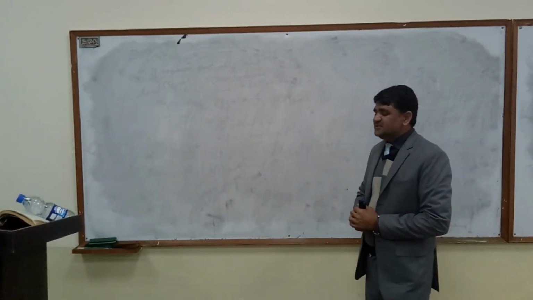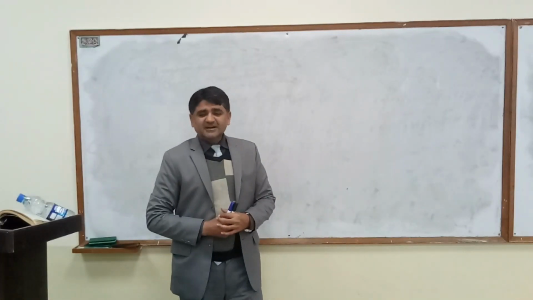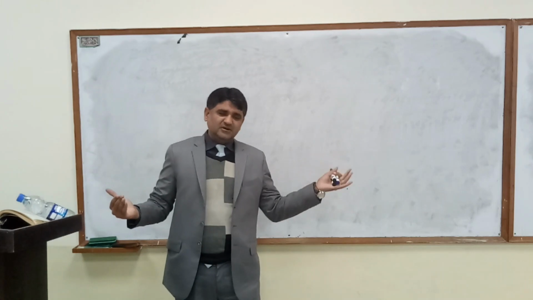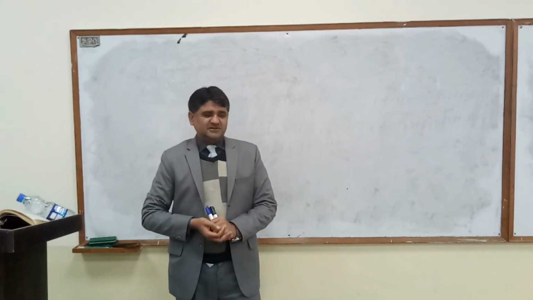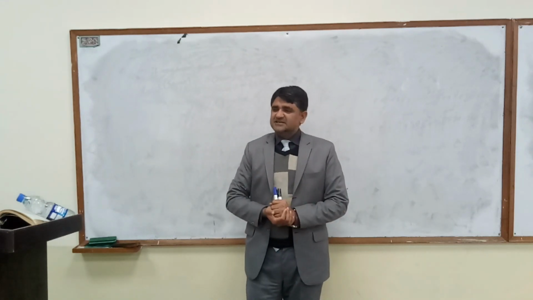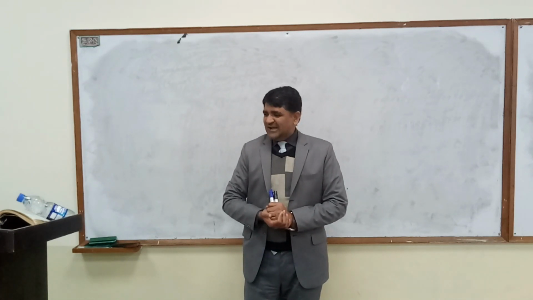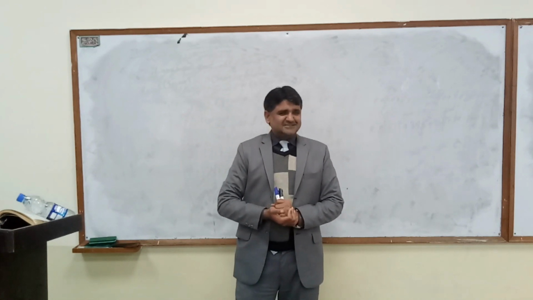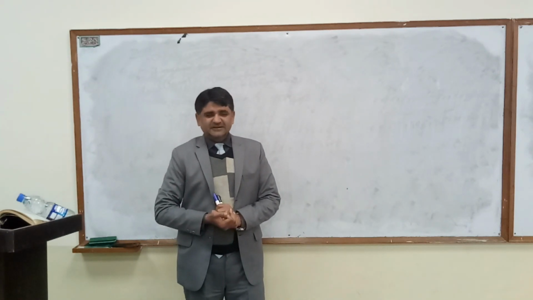And in a function, there could be a positive relationship or negative relationship between independent and dependent variable, or input and output variables. If there is positive or direct relationship, then we can simply say that due to increase in input, the output will be increased. If there is inverse relation, then due to increase in input, output will be decreased.